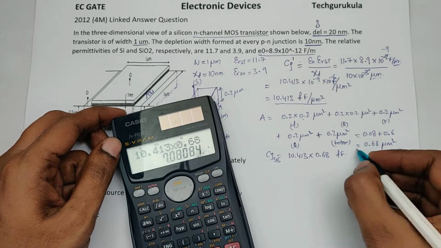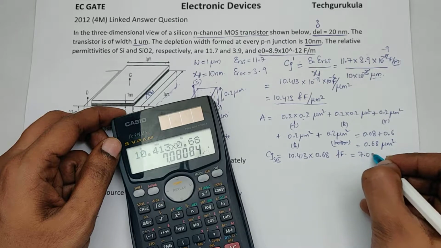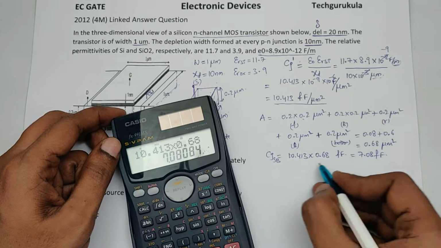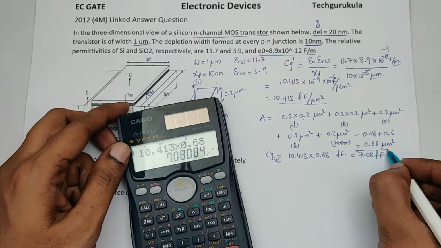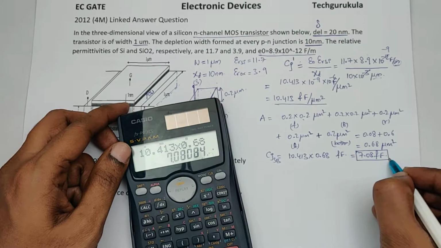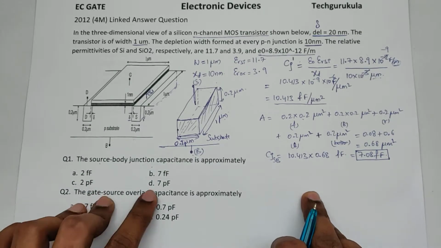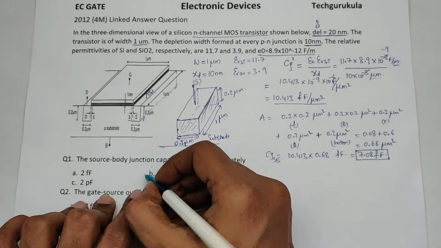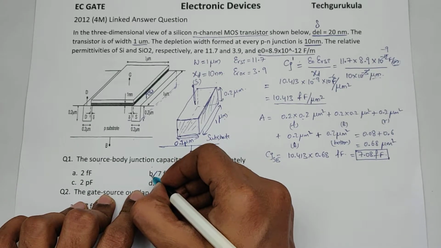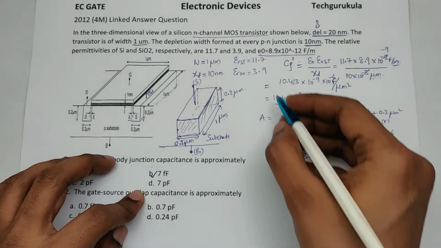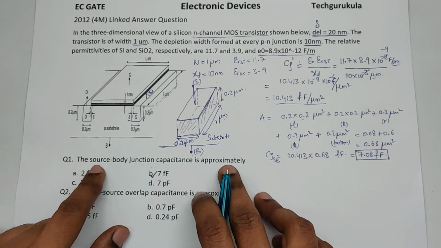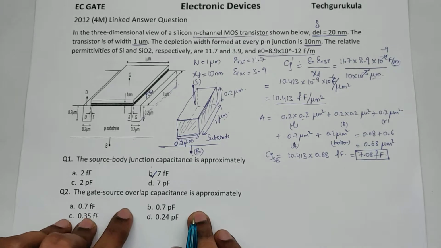This is 7.08 femtofarad. So this is the junction capacitance. Now if you look at the options here, option B is 7 femtofarads. That's the answer. This is the first part of the question. Now let's come to the second question.